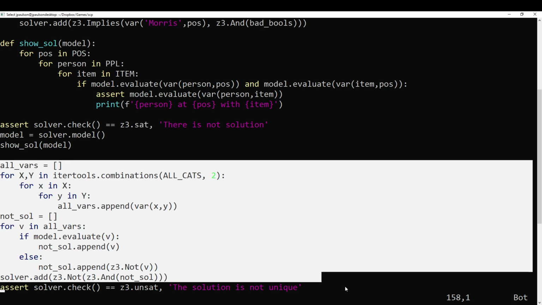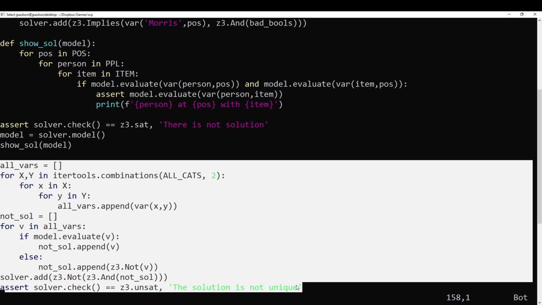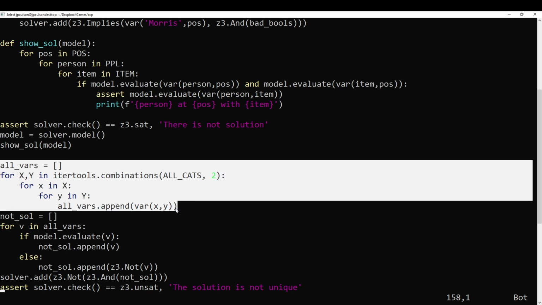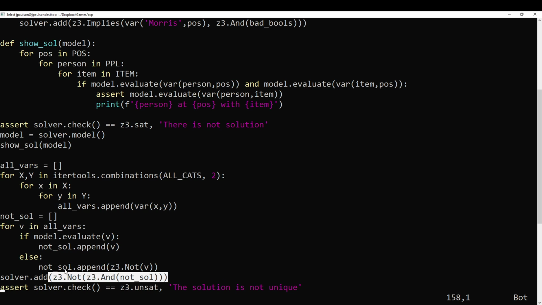And then we can ask Z3, is that the only solution? So the way that we ask it if that's the only solution is, for all of the variables, we're going to add one more rule, which is that the solution that you find is not exactly the same as the solution. That is, for all of the variables, it shouldn't be that you set them to the same values, right?